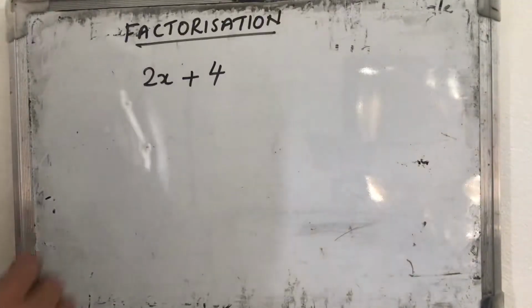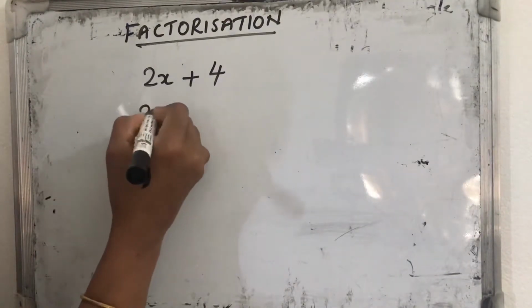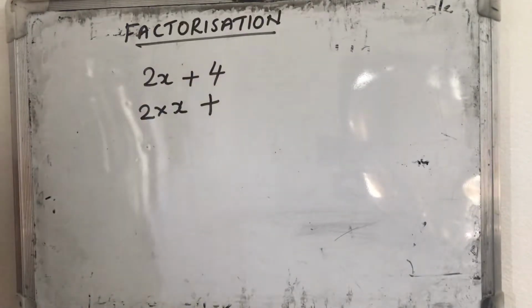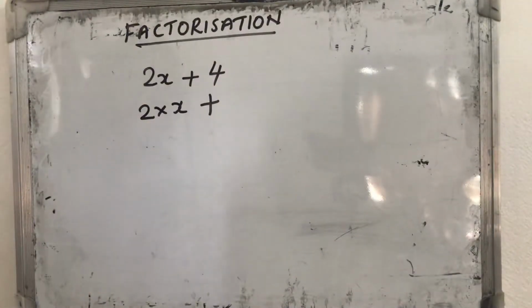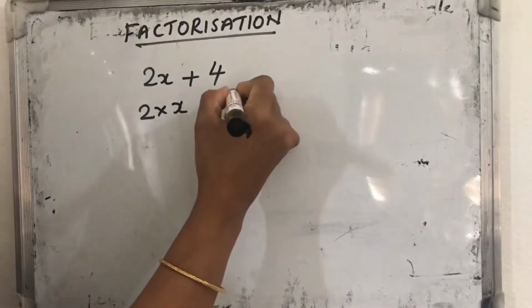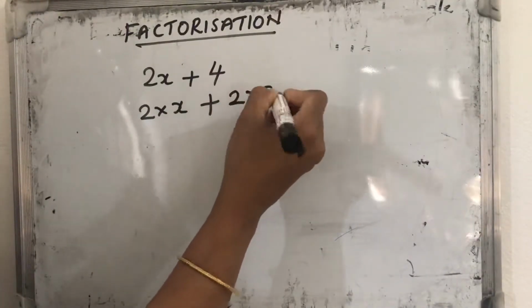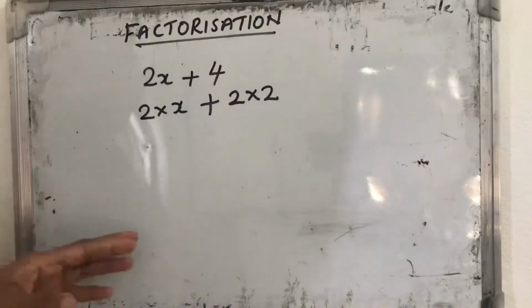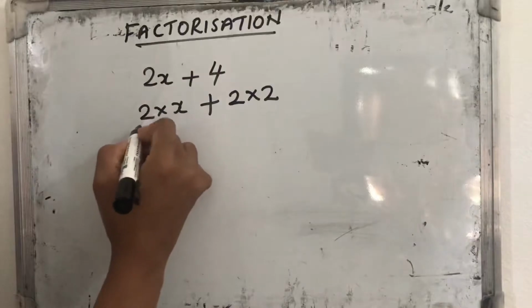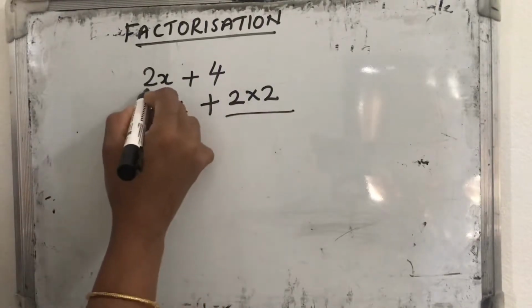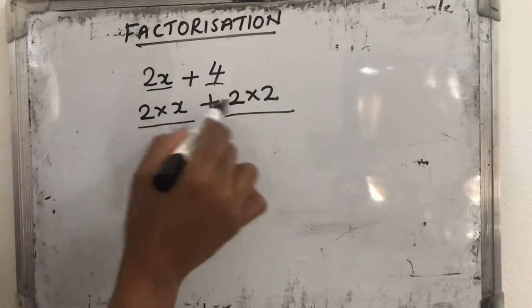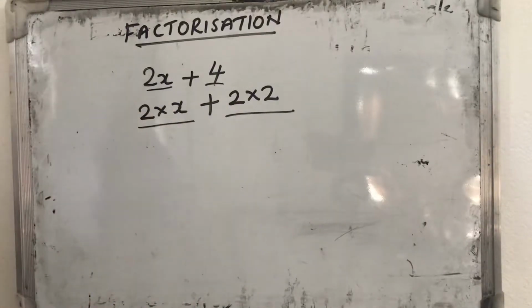The first term we can write as 2 into x, plus the second term 4, which we can write as a product of prime factors, 2 into 2. There are two terms in the given expression. Now we find a common factor in both terms.